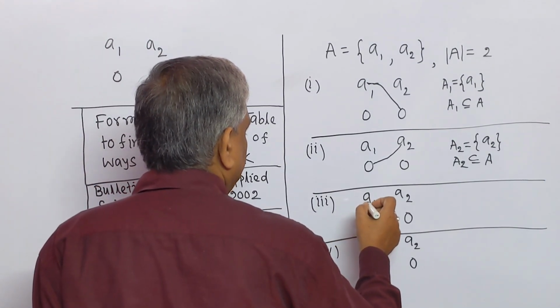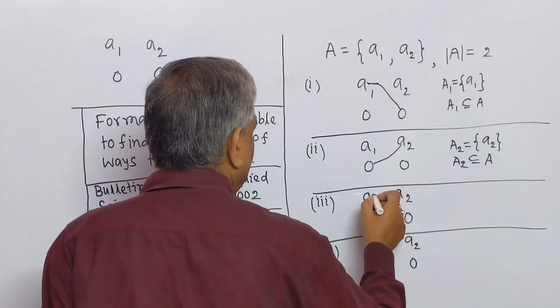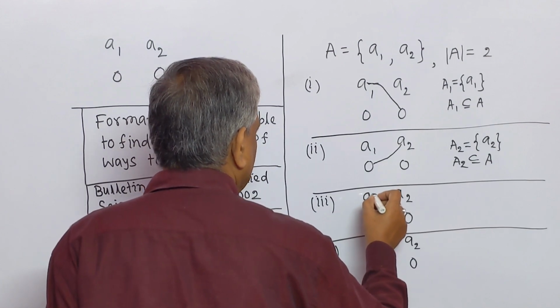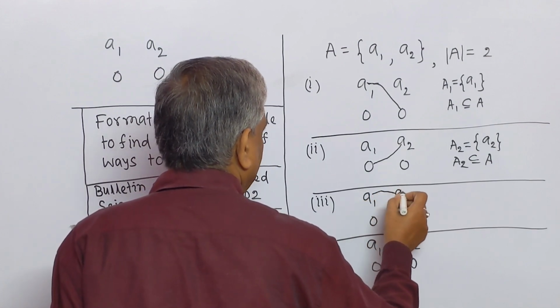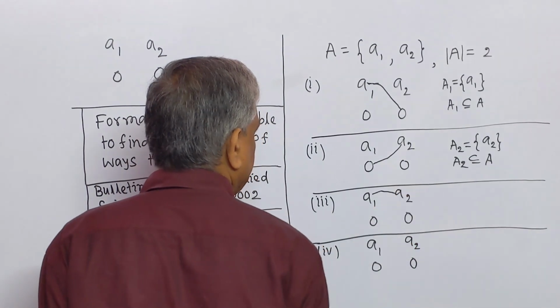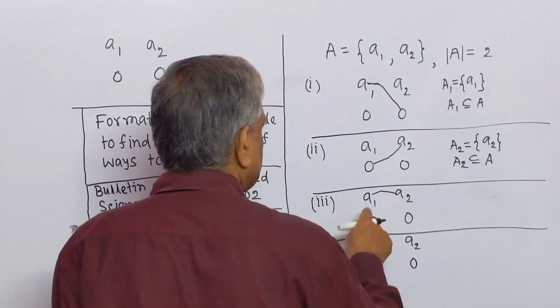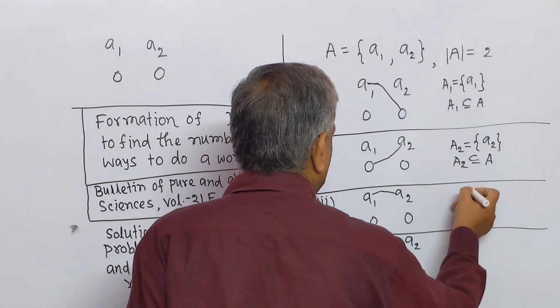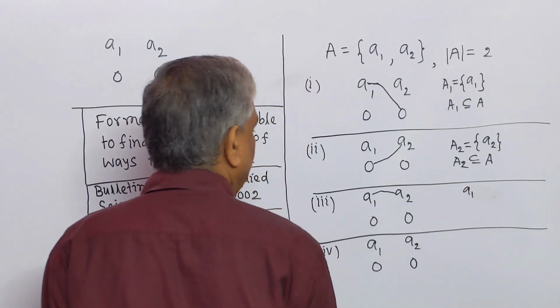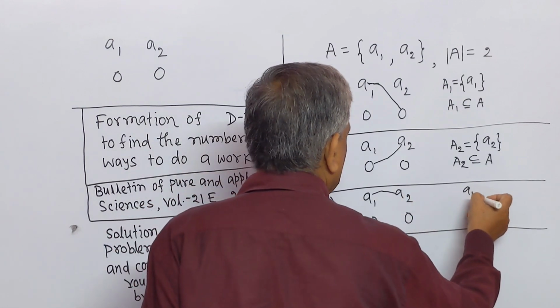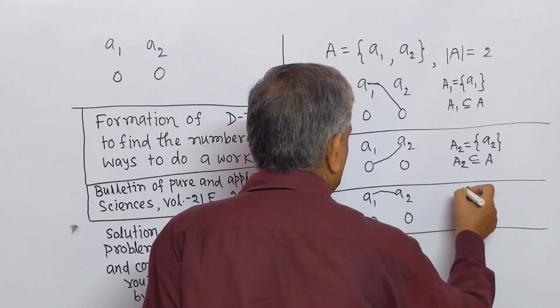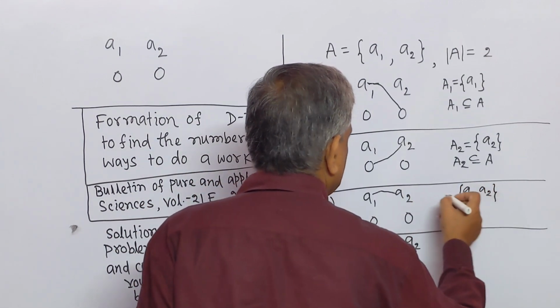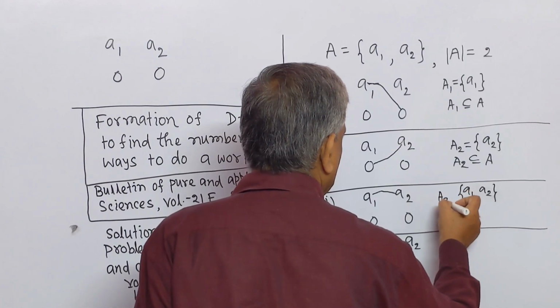Let the curve pass through one element A1 of the first column and one element A2 of the second column. This curve represents one element A1 of the first column and one element of the second column. Let the name of this set be A3.